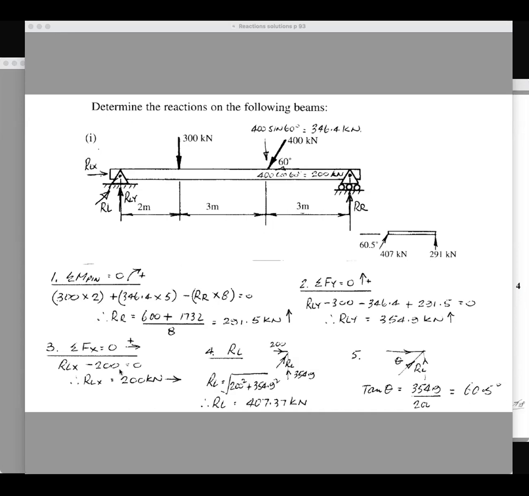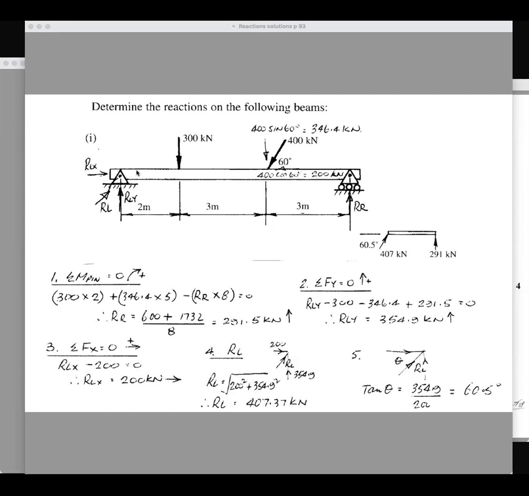So you can write it like this if you like, RLX going positive, minus 200, that force there is going negative, and it equals 0. So therefore RLX is equal to 200 kilonewtons in the positive direction. And the reason why you know that's correct is because you've got a positive sign there. You've interpreted that to be positive.